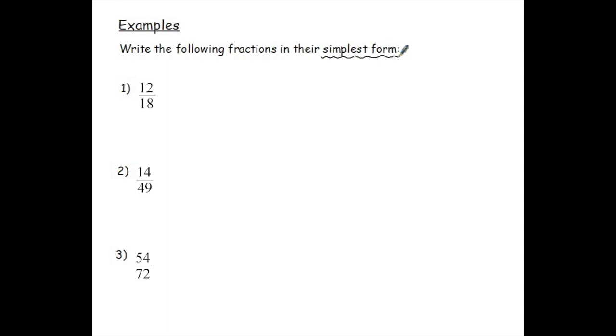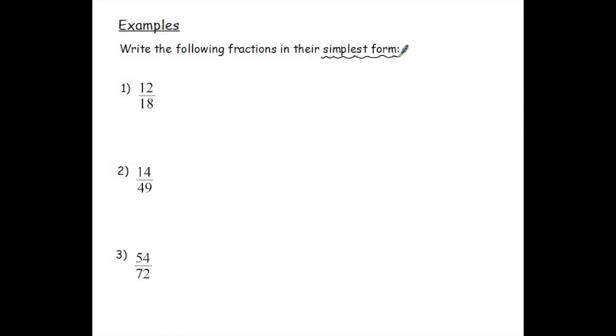So we need to think of a number that will fit into 12 and into 18. Now there are a few numbers that fit into both of these. 2 fits into 12 and 18, 3 will fit into 12 and 18, and so will 6. It's easier if you pick the highest number because it means you'll have to do less steps.